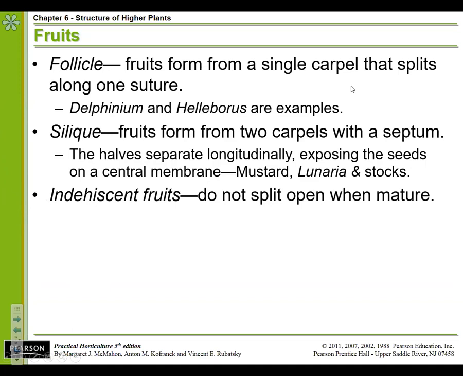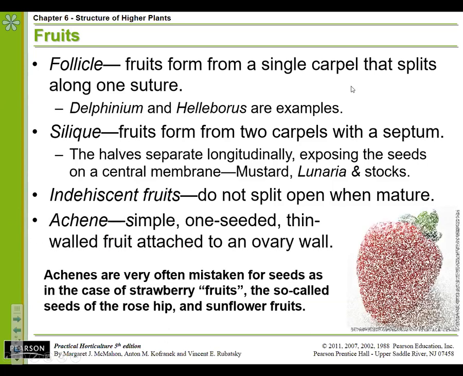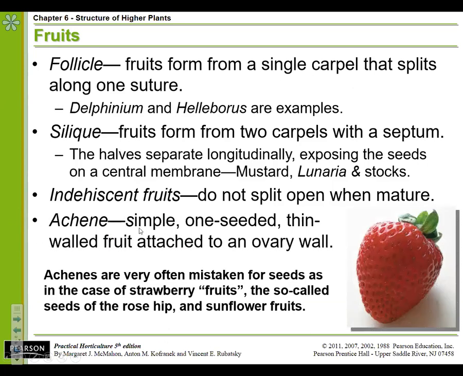The indehiscent fruits are those that, as you might imagine, do not split open when they are mature. And an achene is a simple one-seeded, thin-walled fruit that is attached to an ovary wall. So achenes are often mistaken for seeds in the case of strawberry fruits, the so-called seeds of the rosehip and the sunflower fruits.